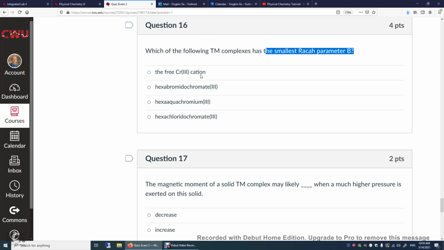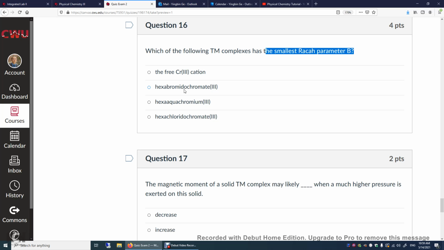So you want to choose the answer with the ligands that can delocalize the d electrons. The bromido ligands are called soft ligands. That means it's easier to change the electron distribution of the bromido ligands, and that means the bromido ligands can better delocalize the d electrons.